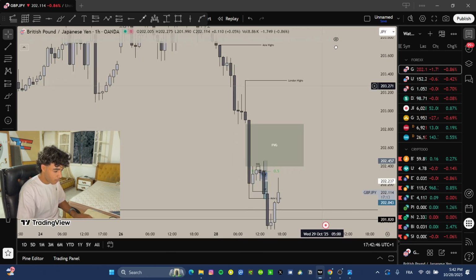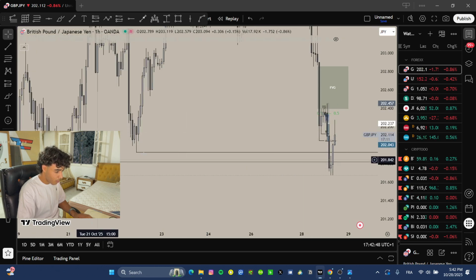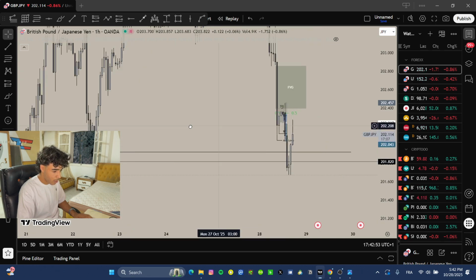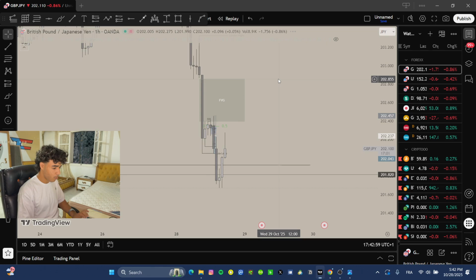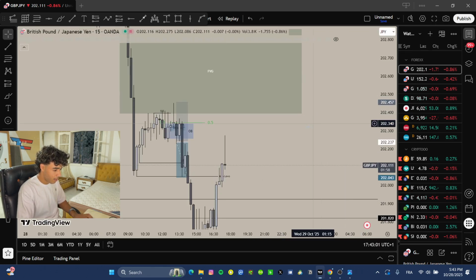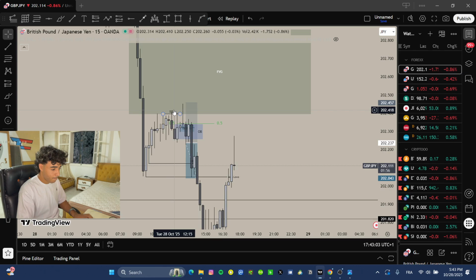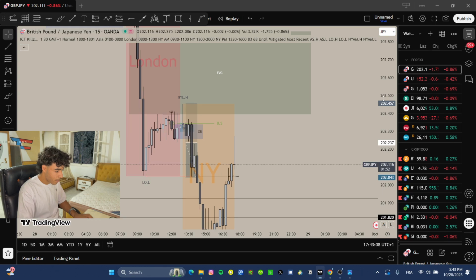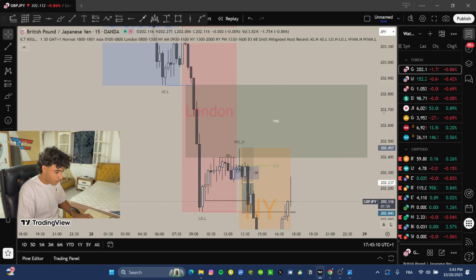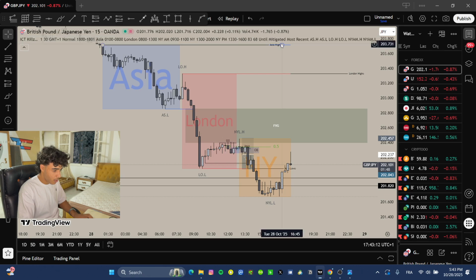There's a lot of sell side liquidity that didn't get swept, like these equal lows, these lows, and these lows as well. We also had this 1-hour bearish fair value gap, and with that I went to the 15-minute time frame. So this is the London session: the London session highs, Asian session highs, London session lows, Asian session lows.